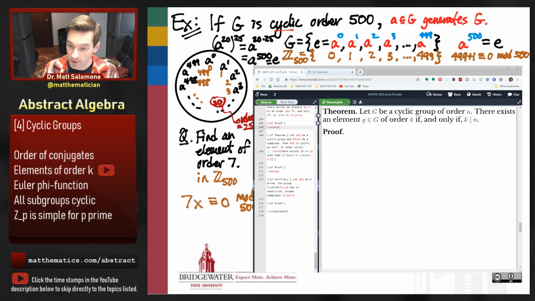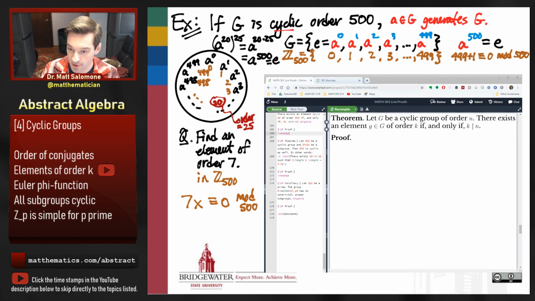And of course, the problem with trying to solve that congruence is that because 7 is not a factor of 500, in fact, because they're relatively prime, there's no way of multiplying 7 by x to make it a multiple of 500 unless x is already a multiple of 500.